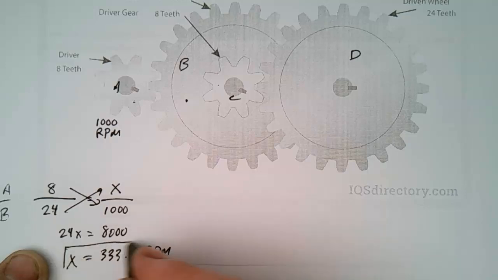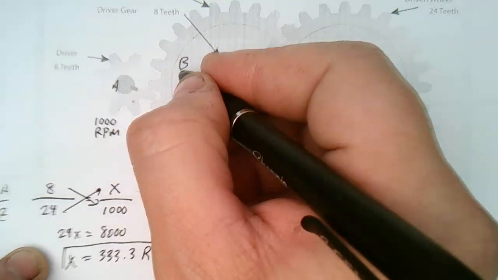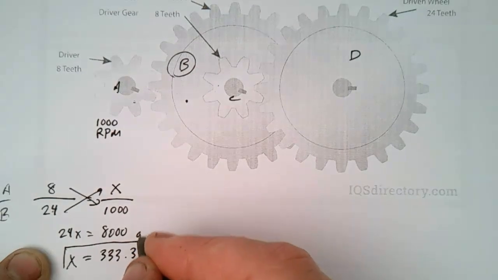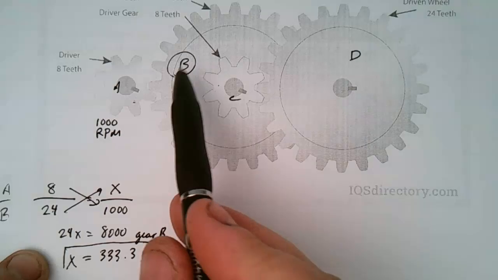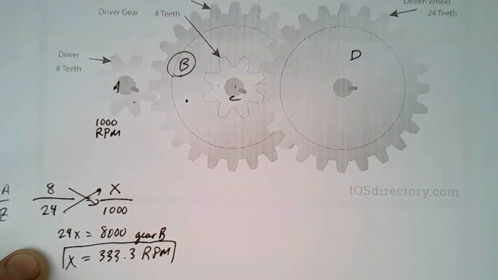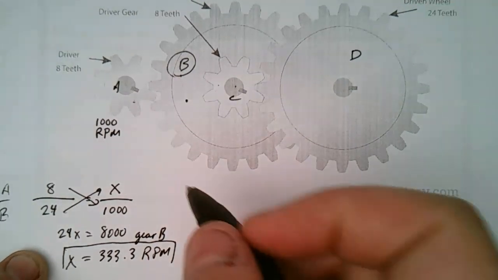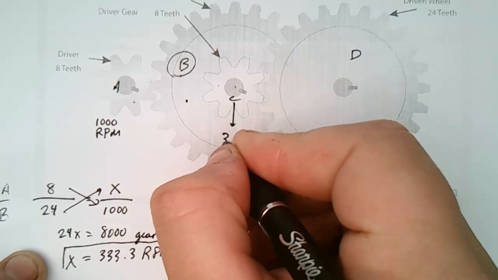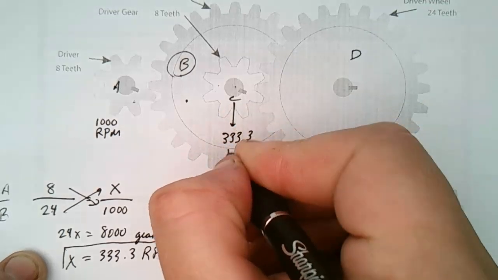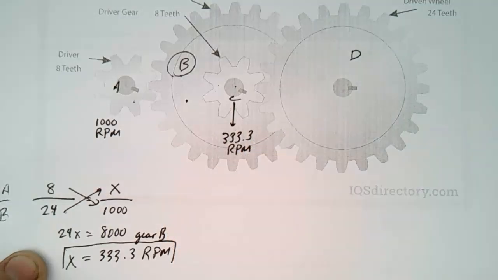Now that is the speed of gear B. Now gear B and gear C are on the same shaft. So what that means is gear C is spinning 333.3 RPM.